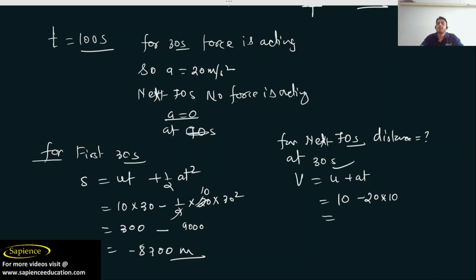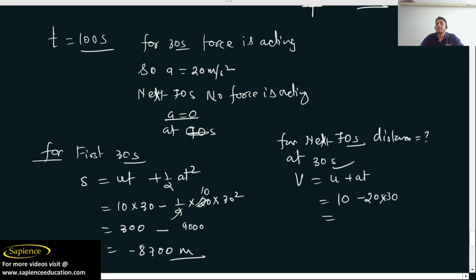So we need to put 30 here. So v equal to u plus at, 10 minus 600.